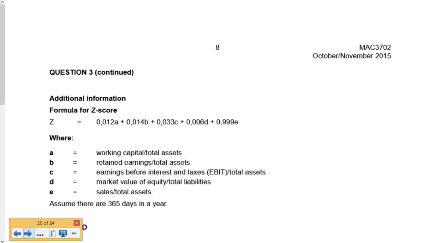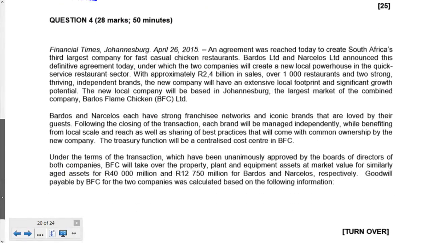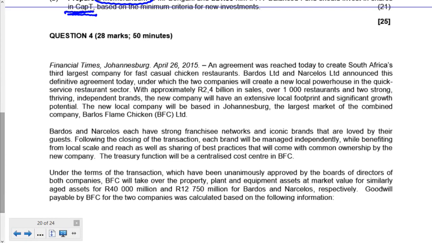Right, then question 4 is a mergers question. This was the one we were looking at last time with that Nando's and Barcelos group. So what they did is they changed the names around, and we have these fast food chicken restaurants that have announced that they're going to merge.